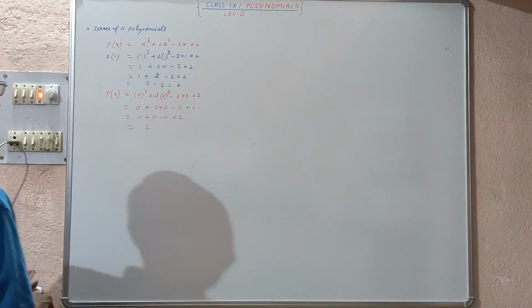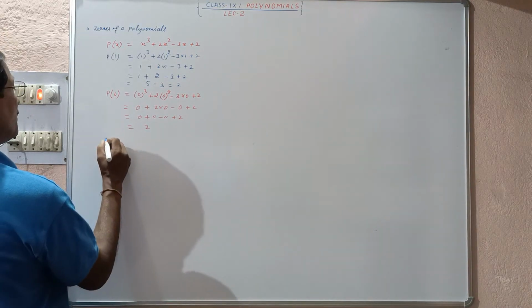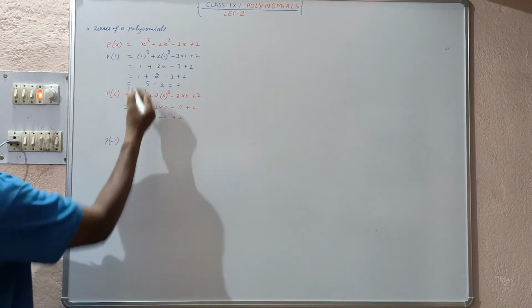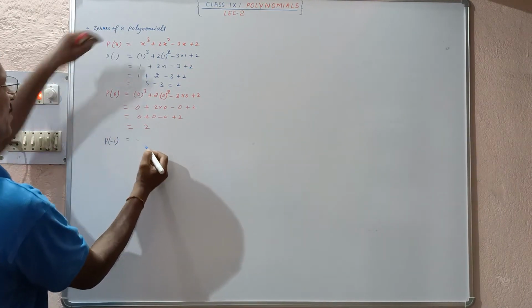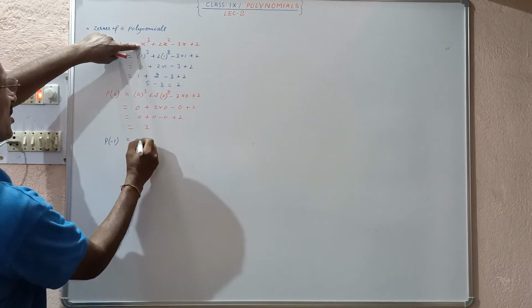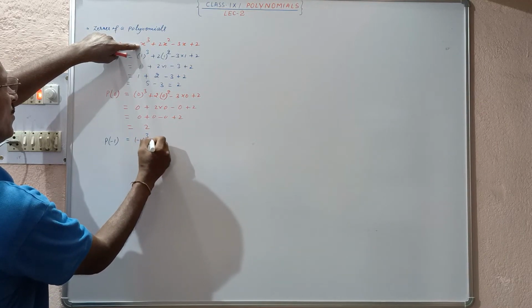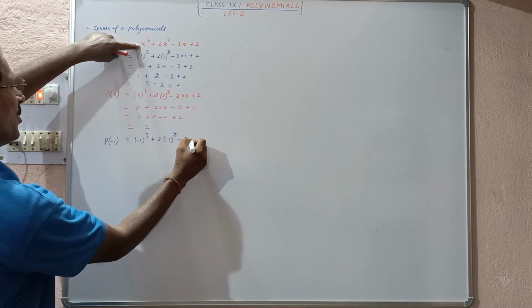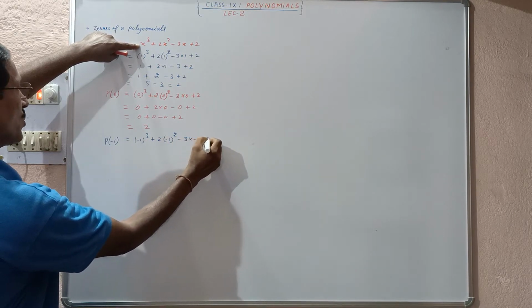Now can we find p(minus 1)? Let us see what is the value of p(minus 1). We put in place of x, minus 1: minus 1 cube plus 2 into minus 1 square minus 3 into minus 1 plus 2.